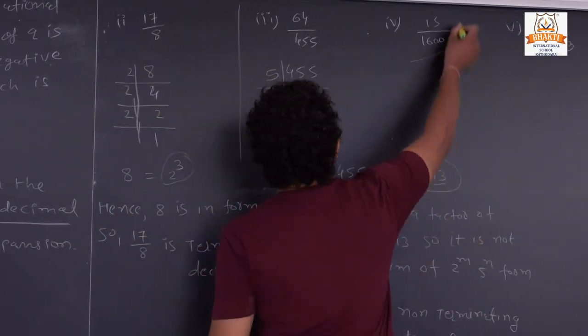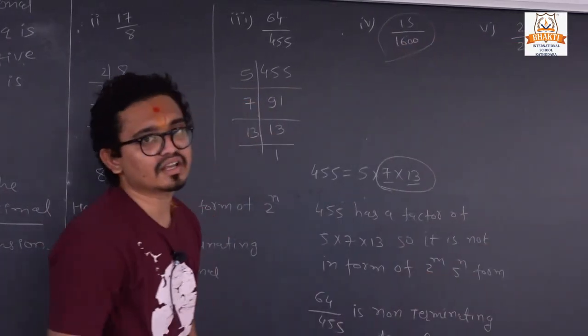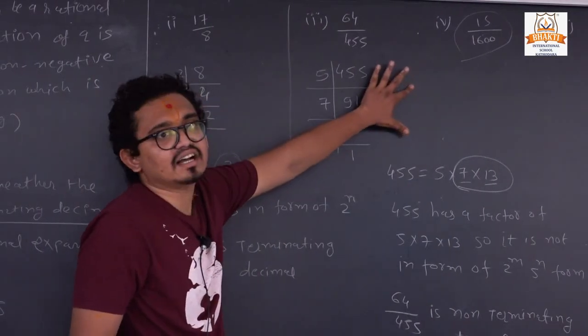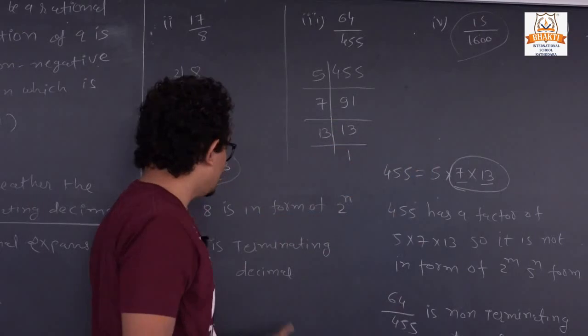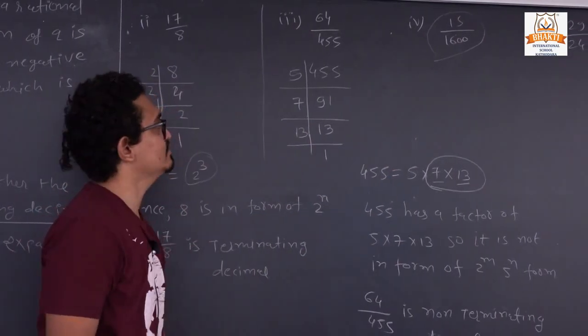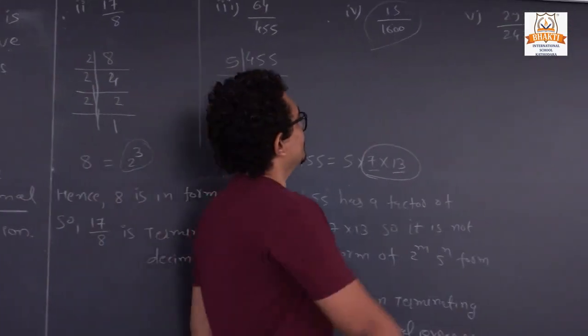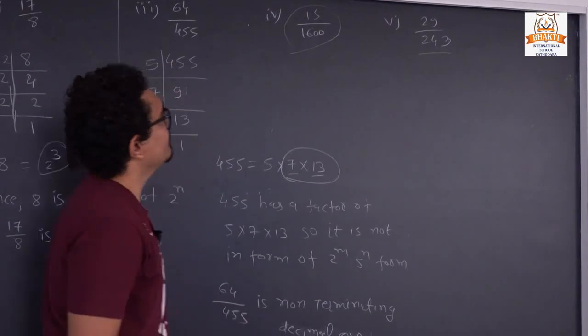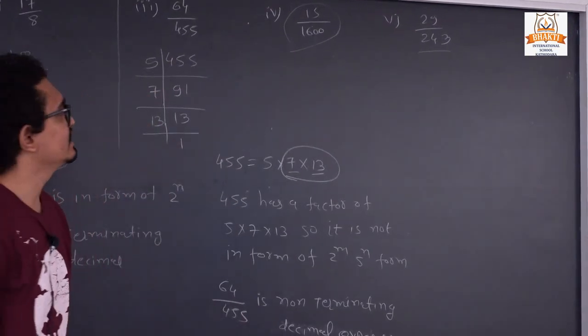So it will be in your homework, you can just try at your home, and finally we can conclude that it is either in the form of terminating decimal expansion or it will be a non-terminating decimal expansion. So we can start our last example, 29 upon 243.